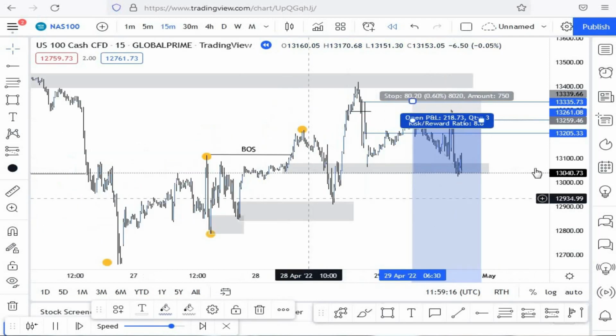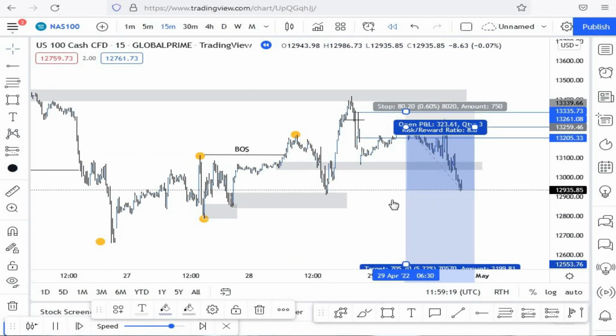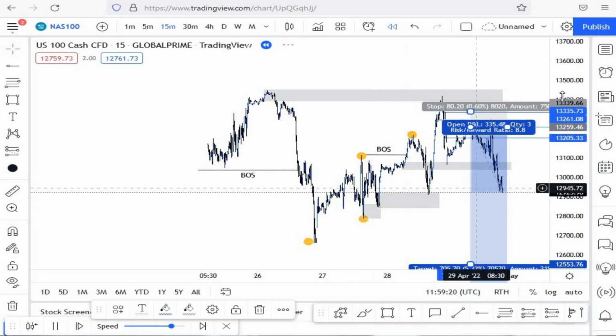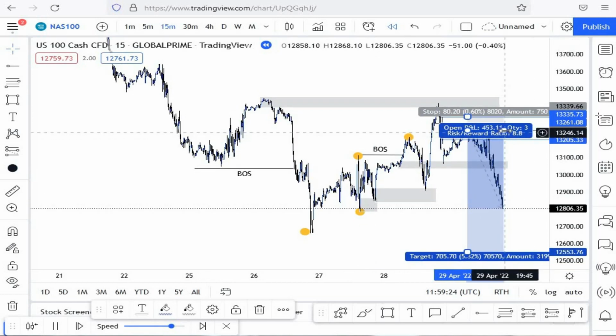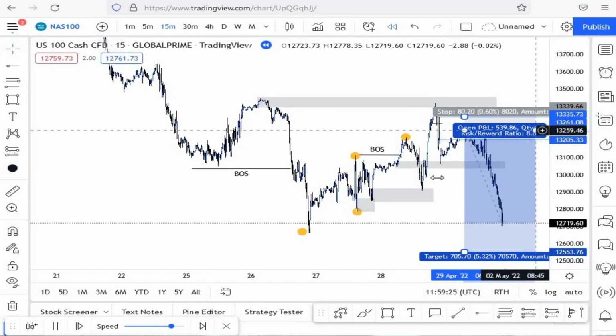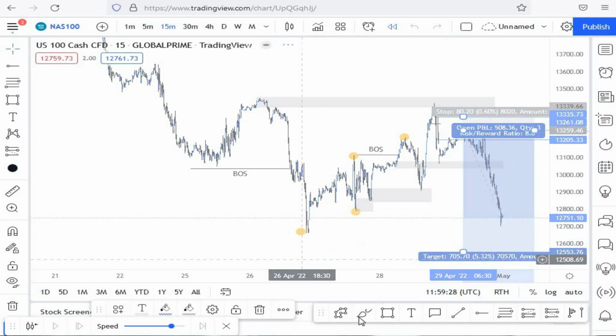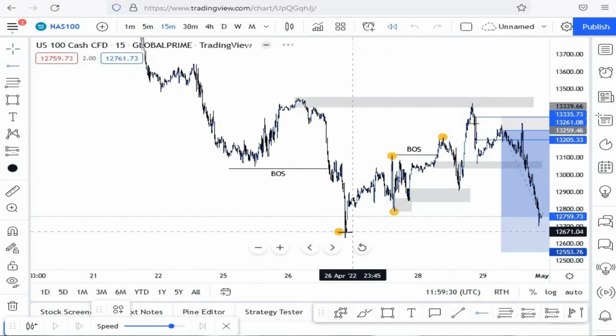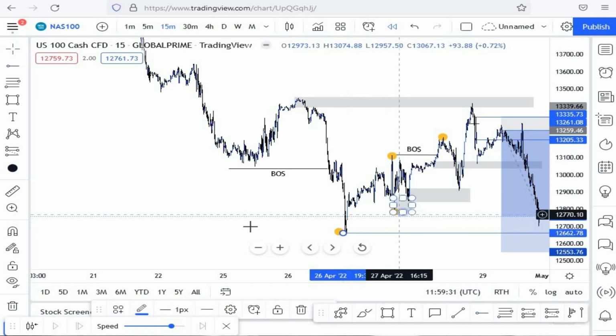Came back, but if you have hold your trades and use the last low as your take profit, was going to be smashed. As you can see, they are near our take profit zone area.